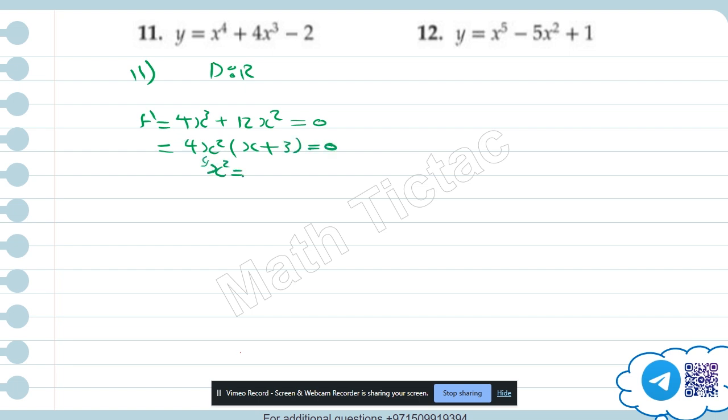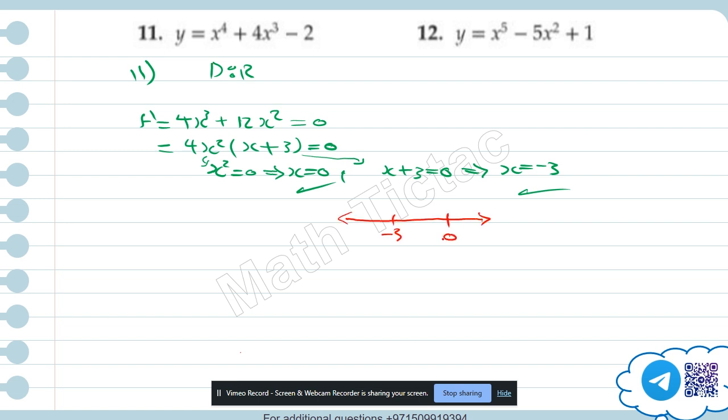Now I will check if they are included in my domain or not. The 0 is included and minus 3 is included as well. So all I have to do is graph the number line. Okay, and I'll put my values over here, starting with minus 3 and the second one, which is 0.